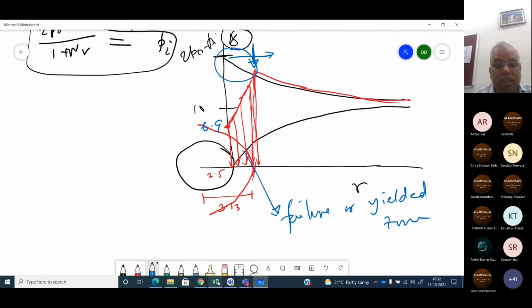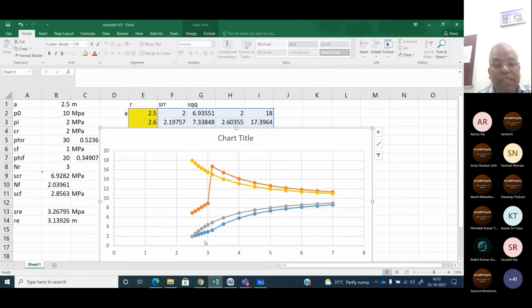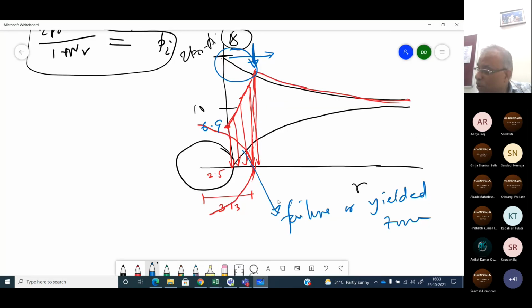And if you see another value, the sigma RR, that is also down. Okay. The sigma RR is also down. So sigma RR will go something like this up to this, and then gradually it will go to the elastic. So the corner of the excavation is going to fail. This is what Mohr Coulomb is telling us.